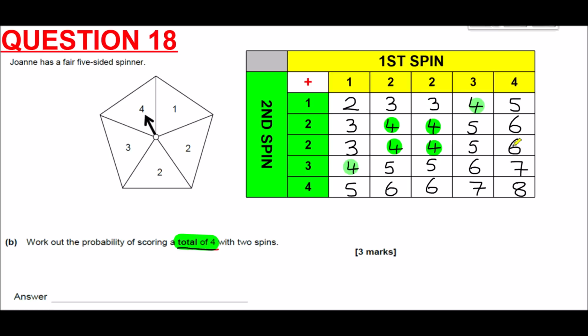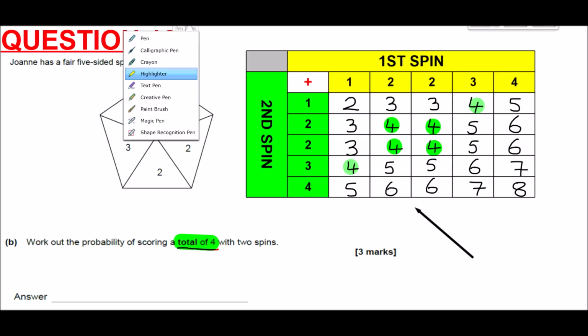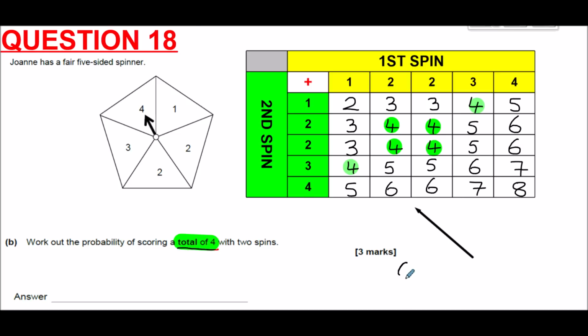Just being careful in case I've missed any. It's easily done. I'm pretty sure I haven't. So, looking there, I can see that there's a total of 6 4s. There's 6 different ways of getting a total of 4.